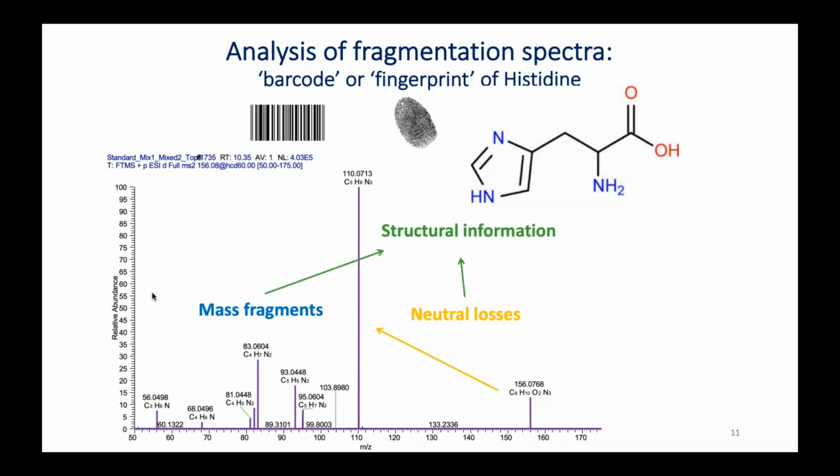Together they contain structural information about the fragmented molecule. For example, the fragments here correspond to this imidazole part of the histidine, and the neutral loss here, the yellow one, is actually this carboxylic acid group that's chopped off the molecule. So even without knowing the structure, I can already start to hypothesize how the complete structure could look.